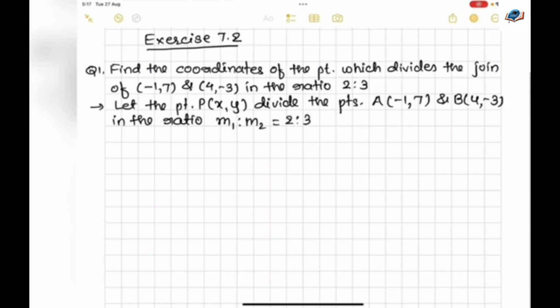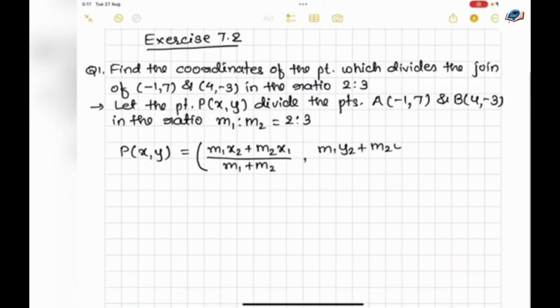So I got all the values. So now formula was P(x, y) equal to ((m1 x2 plus m2 x1) upon (m1 plus m2), (m1 y2 plus m2 y1) upon (m1 plus m2)).